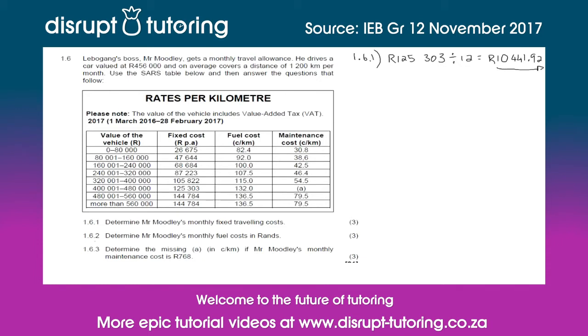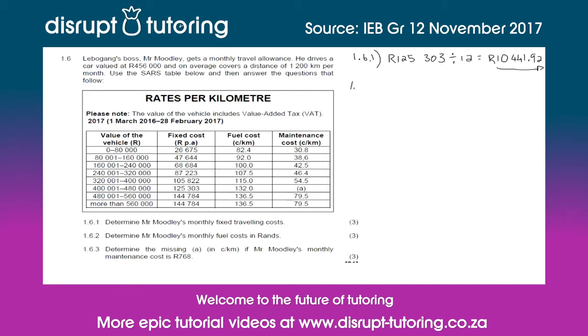Then in the next question, they're asking us to determine Mr. Moodley's monthly fuel costs in rands. Again, we're still in this category over here. So the monthly fuel cost is 132 cents per kilometer, and they've told us he travels on average 1,200 kilometers.